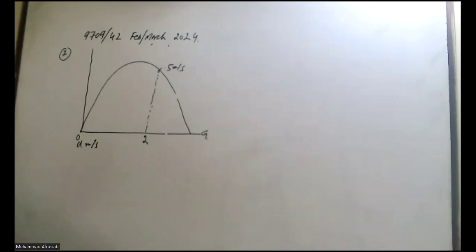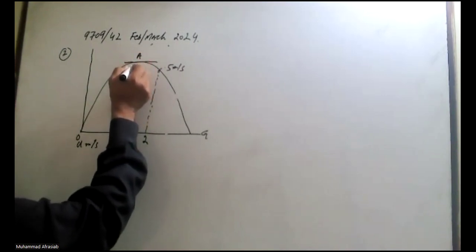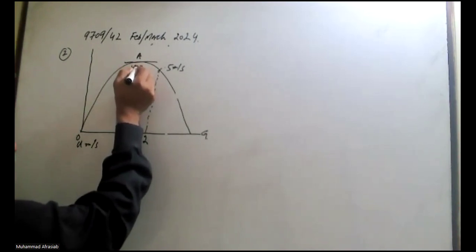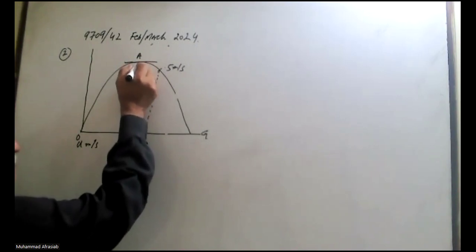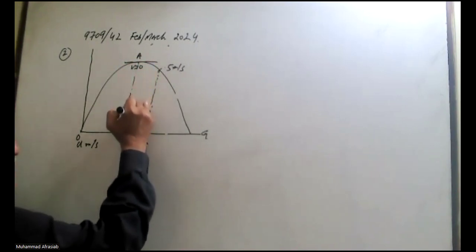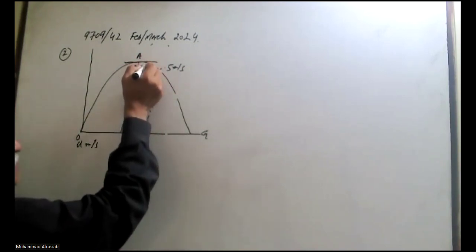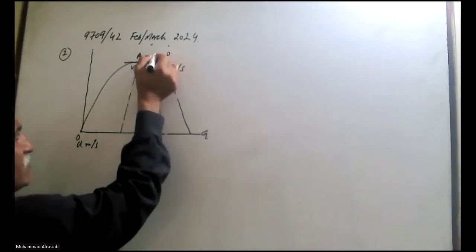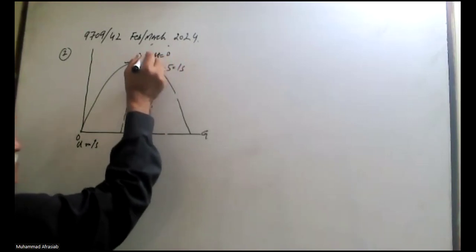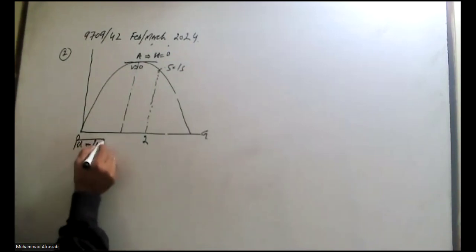Since it will make a turning point at this position, the velocity of that particle is equal to 0 there. So at this point A, the particle is at the highest point, and its speed is 0.